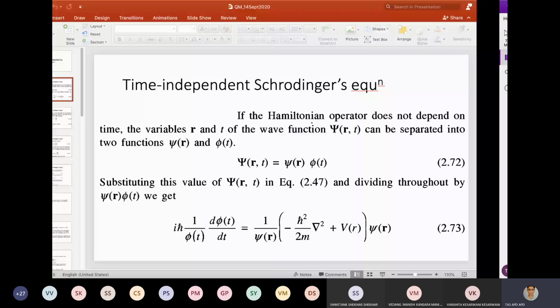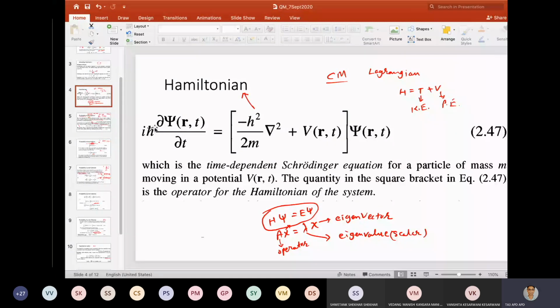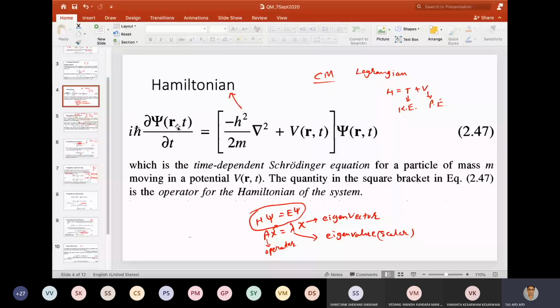So this is only the derivative with respect to time. So you will have phi common out of this particular equation. So you will have phi(t) into iħ ∂phi/∂t, so this one over here. And on the other hand, you have this Laplacian operator, which is a derivative with respect to position.